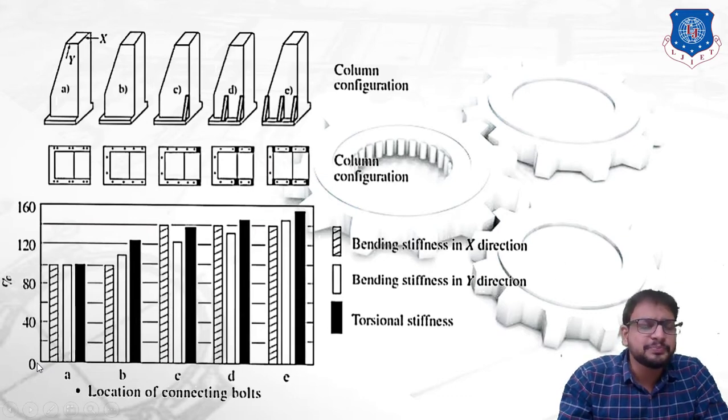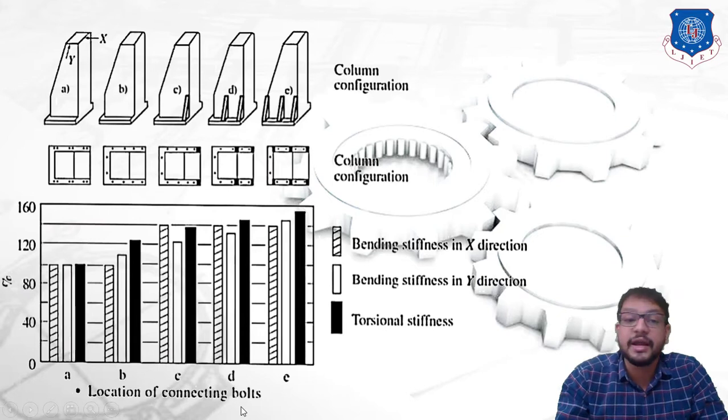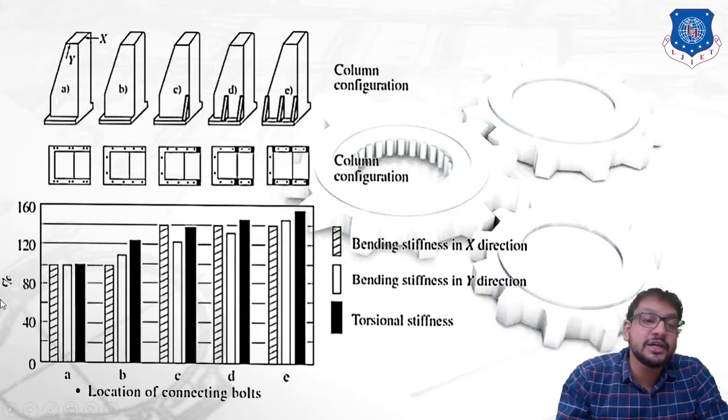The y-axis represents a percentage, and the horizontal axis represents the location of connecting bolts. The bending stiffness in x direction is represented by the hatching, the blank white bar represents bending stiffness in y direction, and the darkened bar represents torsional stiffness.